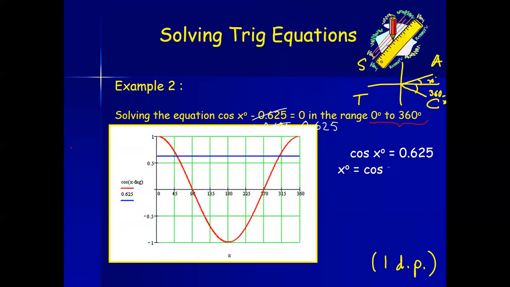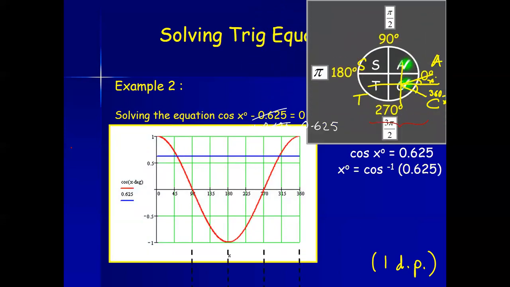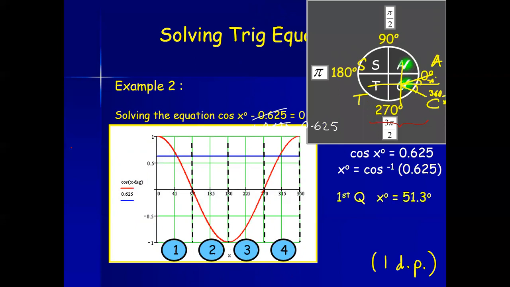So 51.3 is my first answer in the first quadrant. And the last answer should be in the fourth quadrant. And we said that for the fourth quadrant, we're at 360 take away that value.